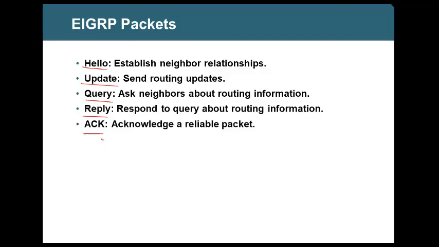Today I'll show you these 5 types of packets in Packet Tracer. When you learn like that, you will never forget. That's how it should be learned. We'll take just 2 routers, we'll enable EIGRP, and we will see these 5 different types of packets.